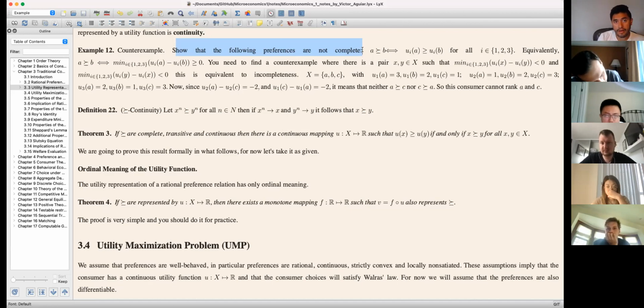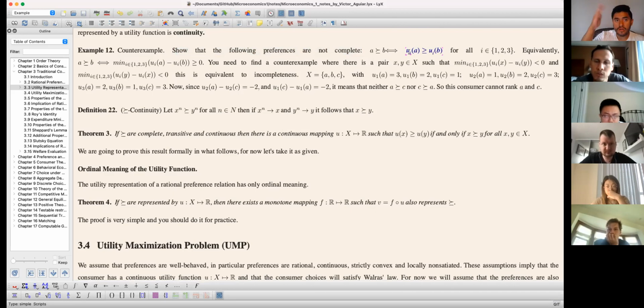For instance, in the previous theorem, if you just have transitivity, you can show that there is one utility such that if A is preferred to B, the utility of A is greater than or equal to the utility of B. In fact, you just have many utilities instead of one in terms of ranking. When I say there is one utility, it's up to monotone transformations, the ones that preserve the ranking, okay?